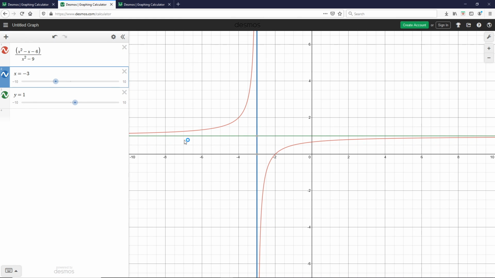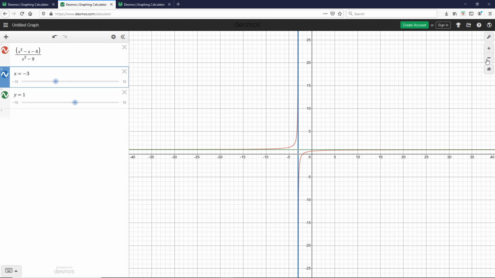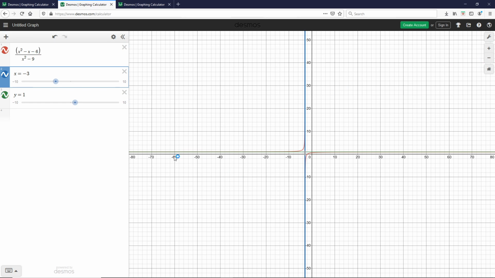Now, for these horizontal asymptotes, what you'll see more is that if you were to zoom out more and more, the rational function gets closer and closer to these horizontal asymptotes as you go off to -infinity and positive infinity. So if you go far to the left and far to the right.